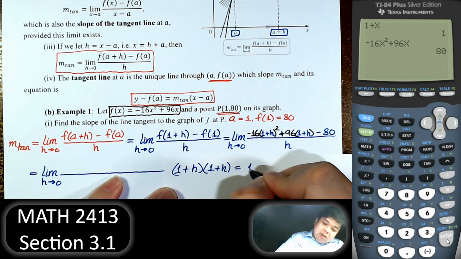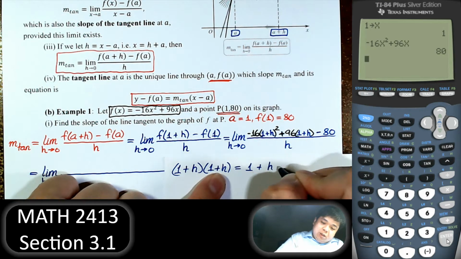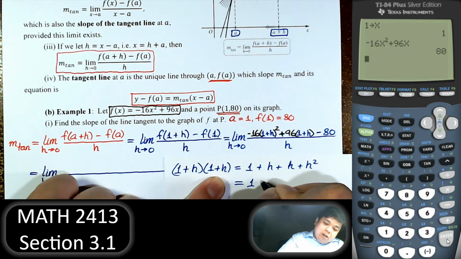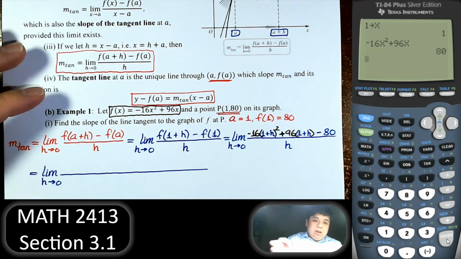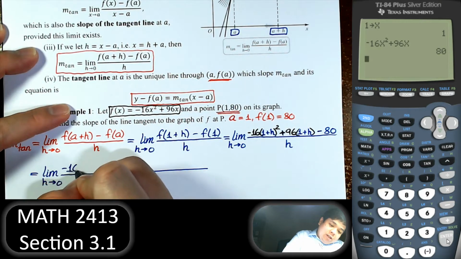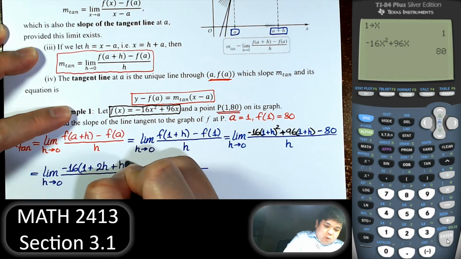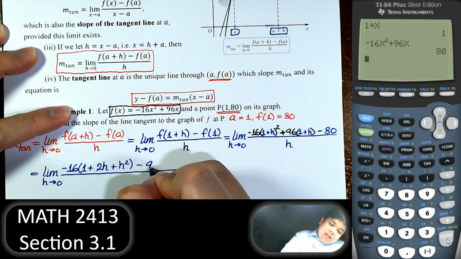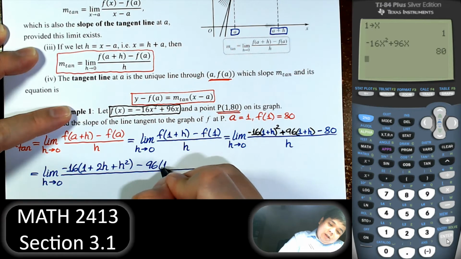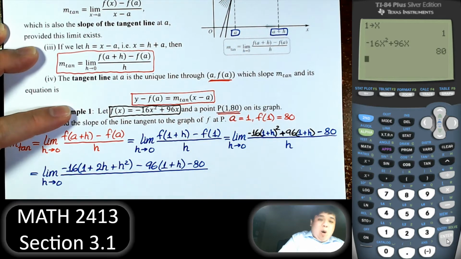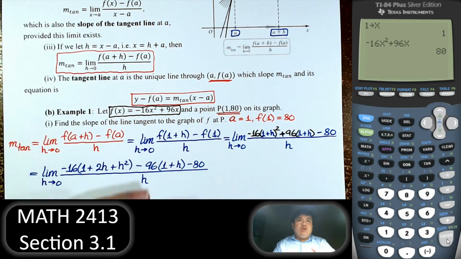Multiplied out: 1 times 1, 1 times h, h times 1, and h squared. So that gives us 1 plus 2h plus h squared. So here we have negative 16 times 1 plus 2h plus h squared, minus 96 times 1 plus h, minus 80, divided by h. Just multiply them out and simplify.